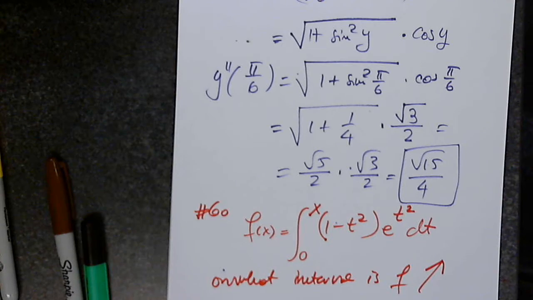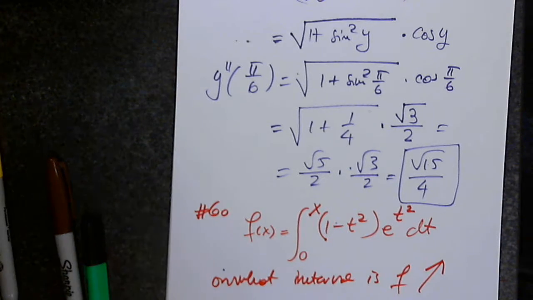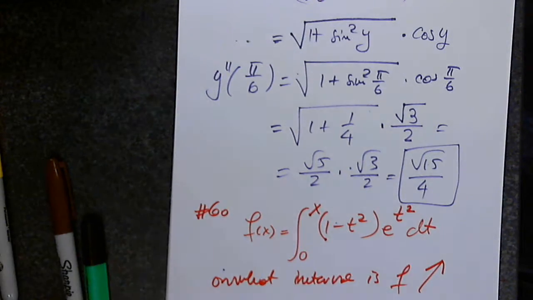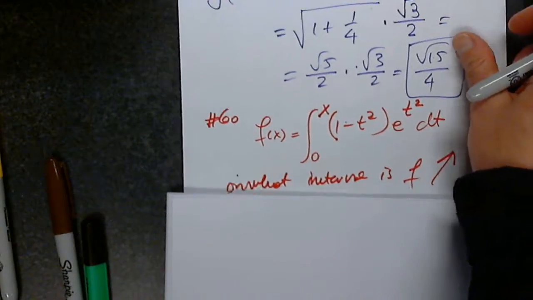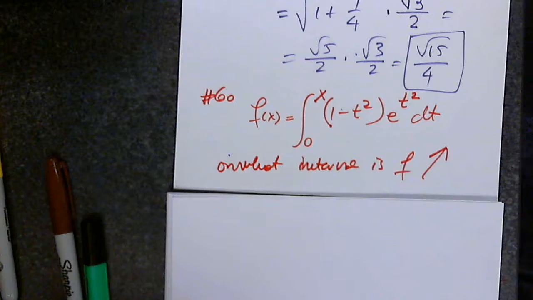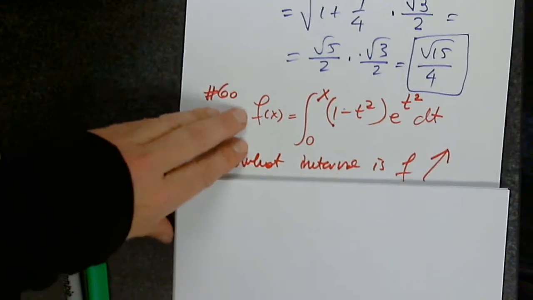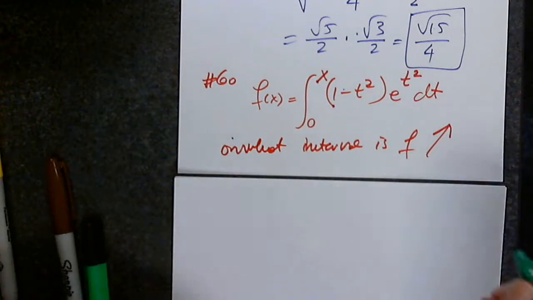How do I determine, yes, what do I have to find first? The derivative. Right? And when the derivative is positive, the function is increasing. The derivative must be positive for the function to be increasing. Very good. Ready?